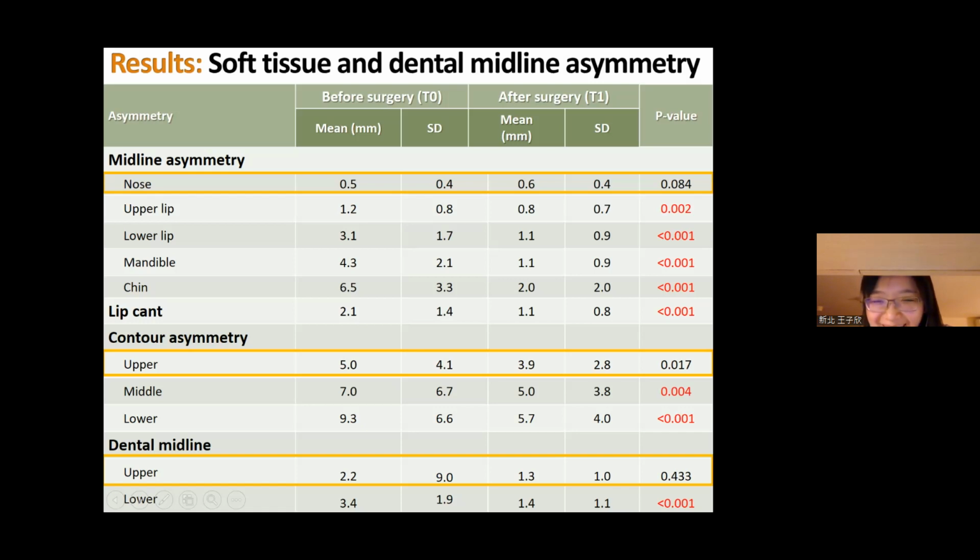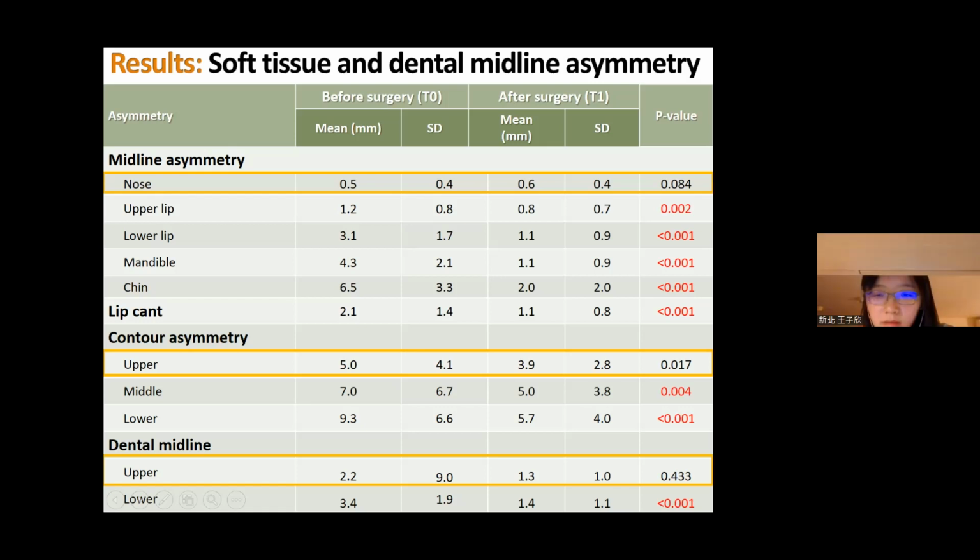You have to do a pilot study for the contour asymmetry: what kind of measurement any person can perceive as asymmetric for your assessment.